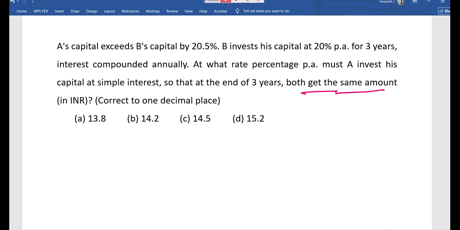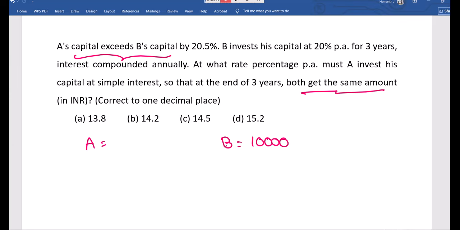What is the amount? Sir, you have the freedom now, you can assume the value in this question, no problem. A's capital and B's capital are not given. You can assume that if B invested 10,000, then A will be how much?